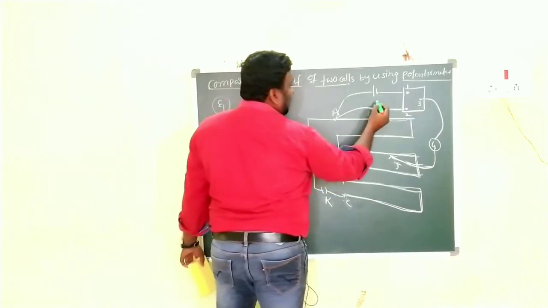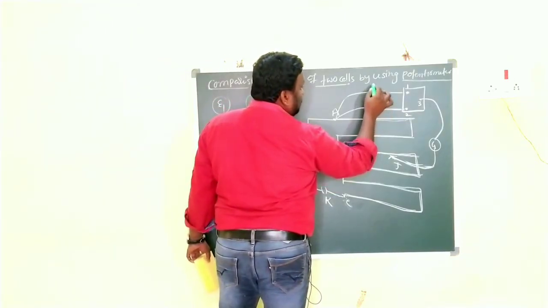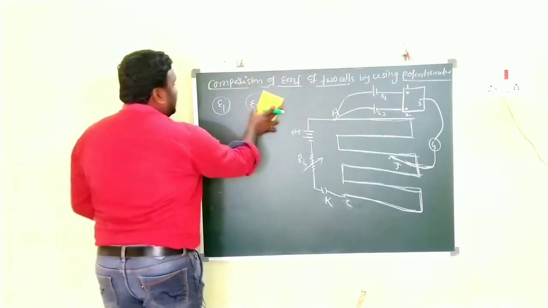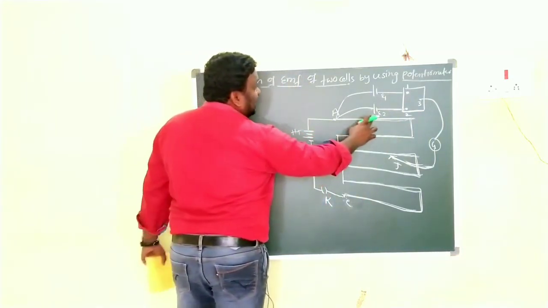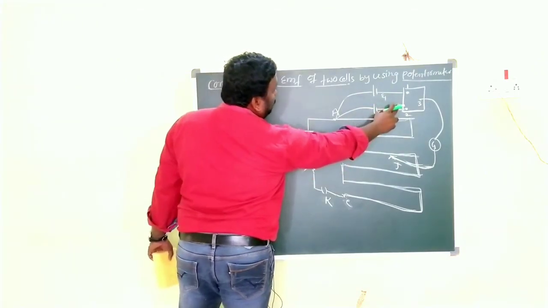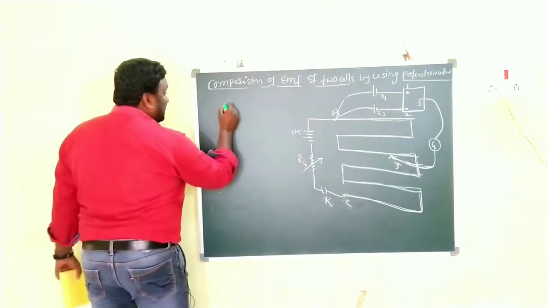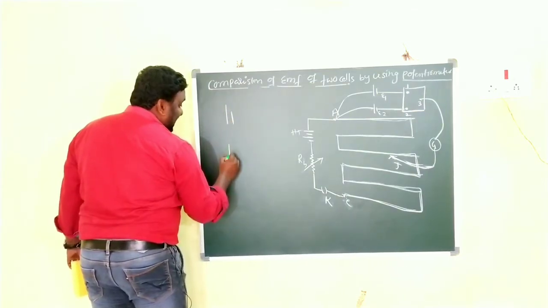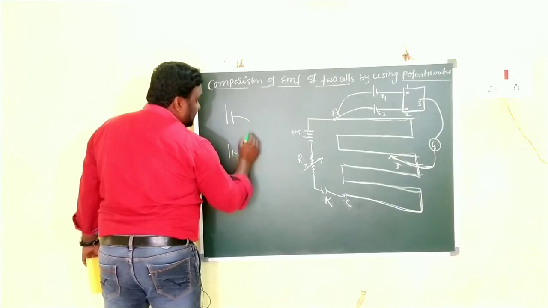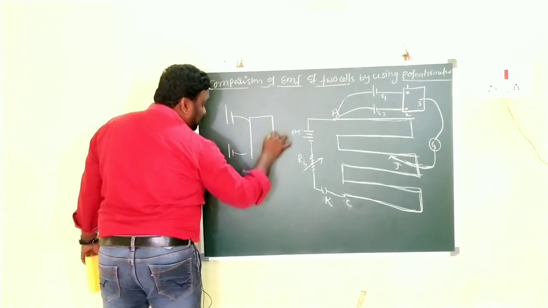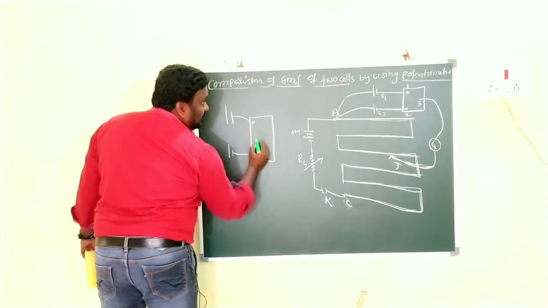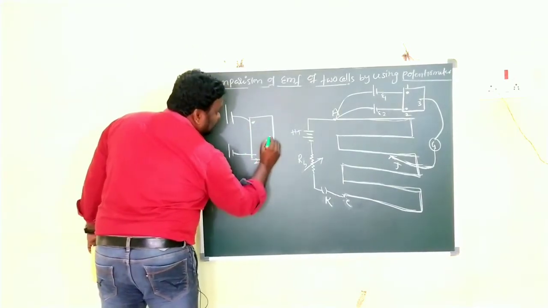Here this is epsilon 1, the first cell, and this is epsilon 2. These two cells are to be compared, and they are given to a two-way system. I am drawing it separately here: this is the first cell and this is the second cell. They are connected to a two-way key. This is 1, this is 2, and this is 3.